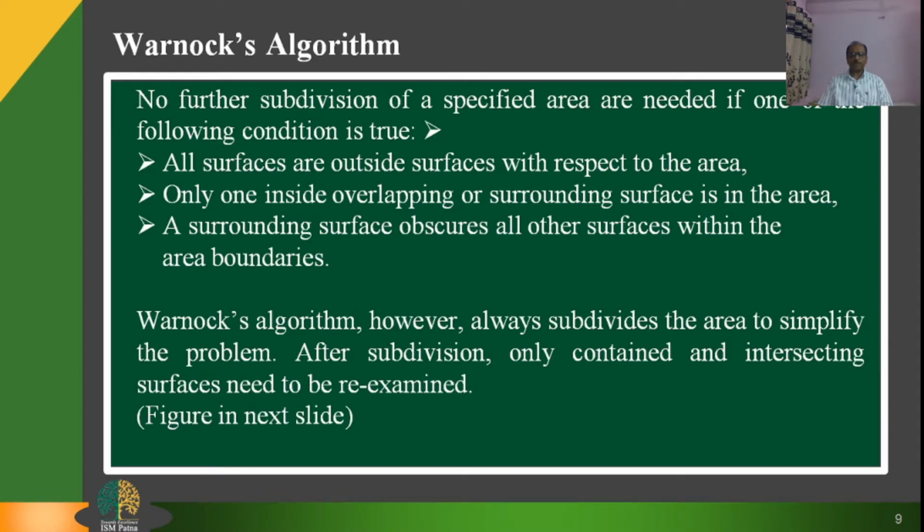A surrounding surface obscures all other surfaces within the area boundaries. Warnock's algorithm, however, always subdivides the area to simplify the problem. After subdivision, only contained and intersecting surfaces need to be re-examined.